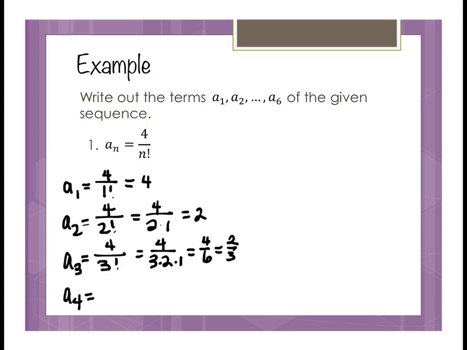All right, a sub 4 would be 4 over 4 factorial. Do remember you can't cancel a factorial without actually working it out first. That's not a process unless there was a factorial on top that identically matched it. We don't have that here, so we're going to have to write out the 4 times 3 times 2 times 1. And the 4s actually will simplify here, but what do I end up with still on bottom? Yeah, so this is 1/6.